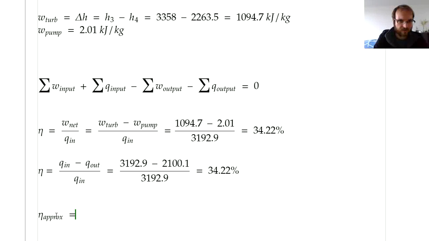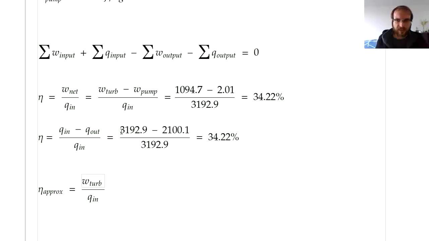The approximate value of the efficiency could be, only in the case of a Rankine cycle where the work of the component that pressurizes the working fluid is very small, the work of the turbine just divided by heat input, which is 1094.7 divided by 3192.9, and the result would be 34.29%.